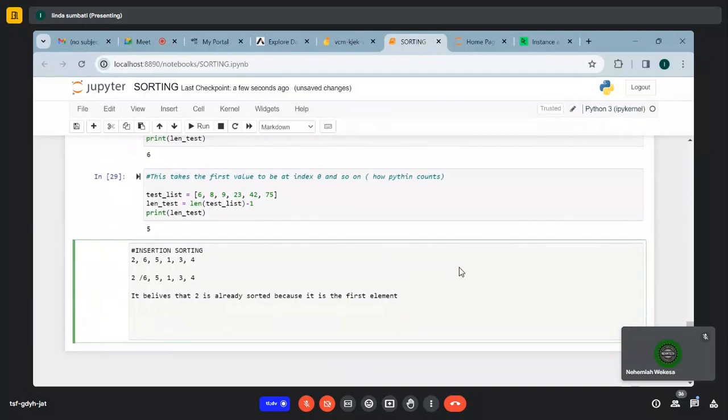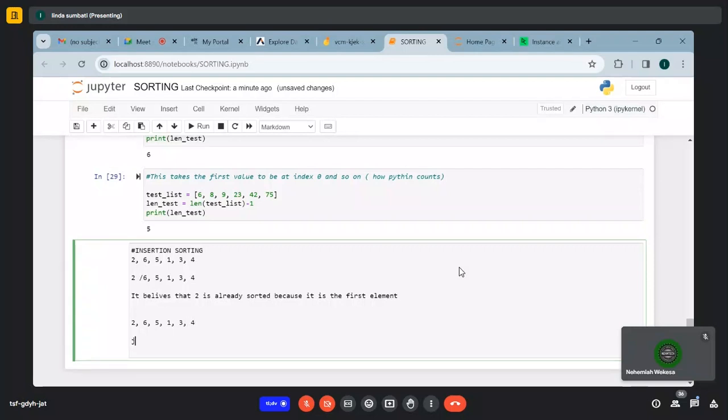So the insertion sort, there will also be an iteration that will be going through that list. So what will happen is that it believes that 2 is sorted, and from 6, 5, 1, 3, and 4, it believes that it's not sorted. So it picks the first element that is sorted, then it compares it to the second one. So let's say 2, 6, 5, 1, 3, 4.